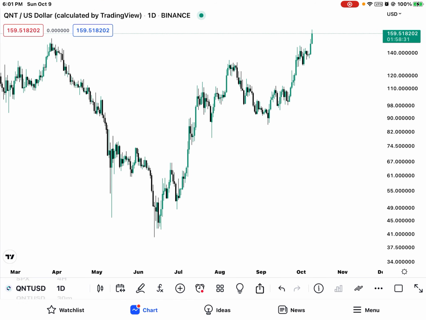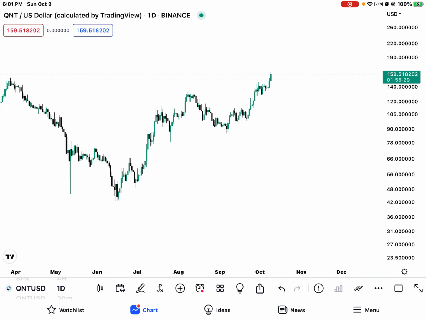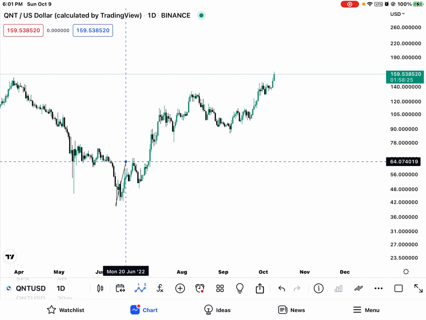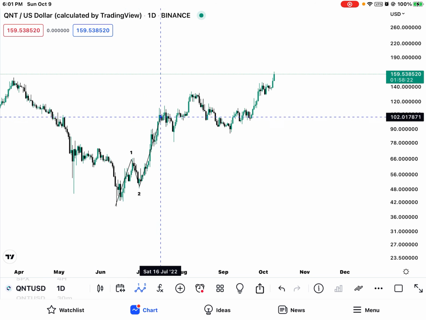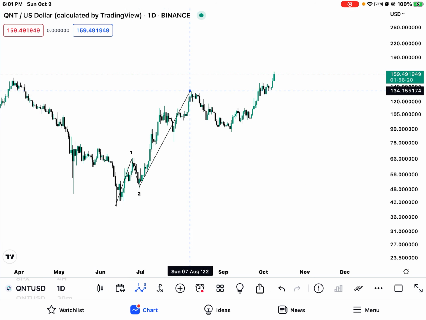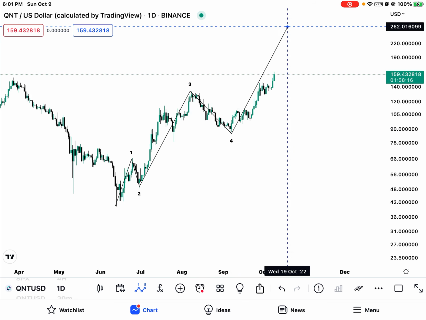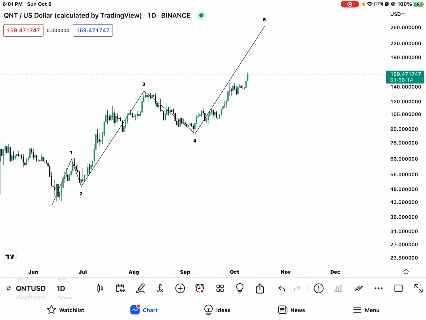Now, I'm just going to present my bull case one more time. This would be your 1, 2, and this would be your 3, your 4. Now, where is our wave 5 going to go?